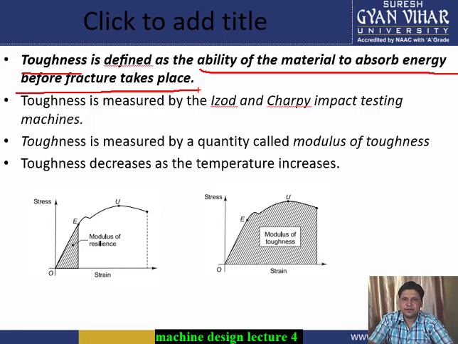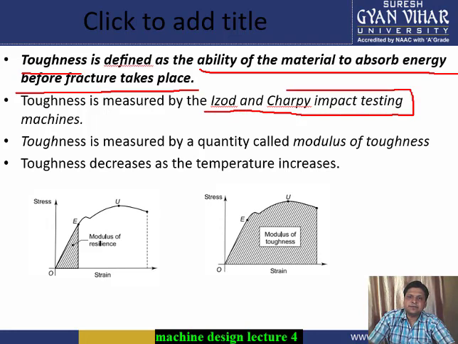If it is not possible to make a scratch on a particular material, it means that the material is very tough. It can absorb a lot of energy before it shows any sign of fracture. So if you find any object on whose surface you can't make any scratch mark, that material will be considered a tough material. Now the toughness of a material is measured by Izod and Charpy impact testing machines.